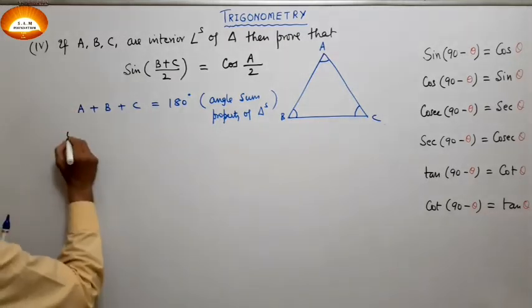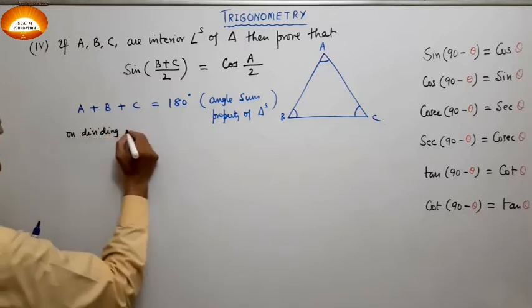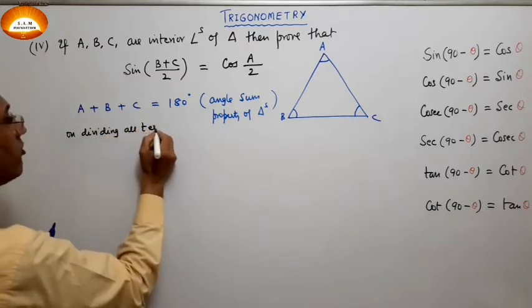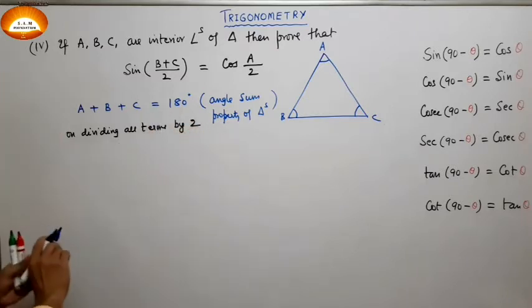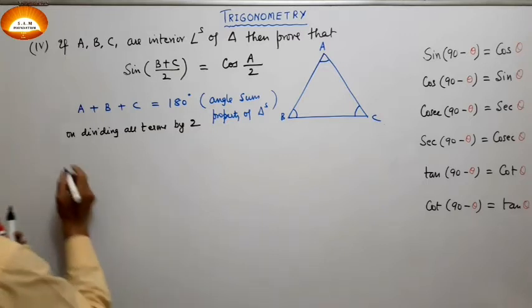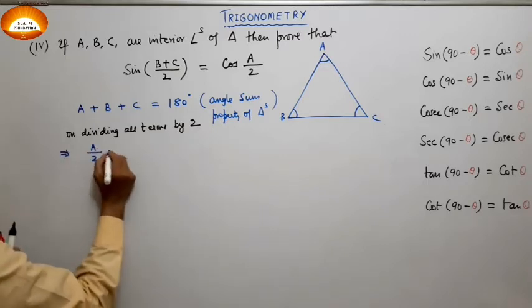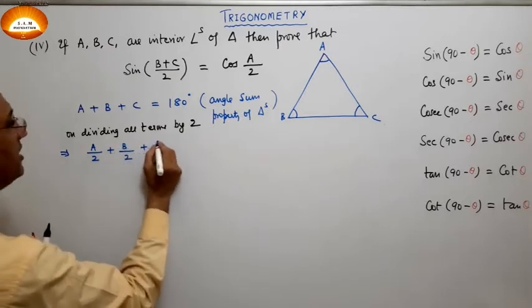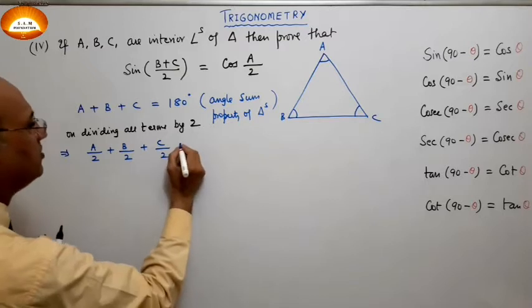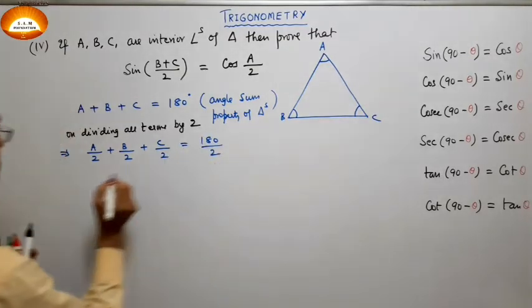So I am writing here, dividing all terms by 2. So your next step will be A upon 2 plus B upon 2 plus C upon 2, that will be equal to 180 upon 2.